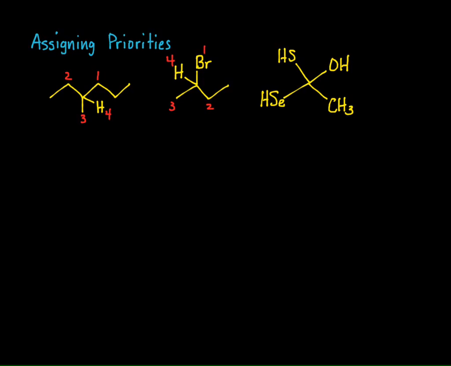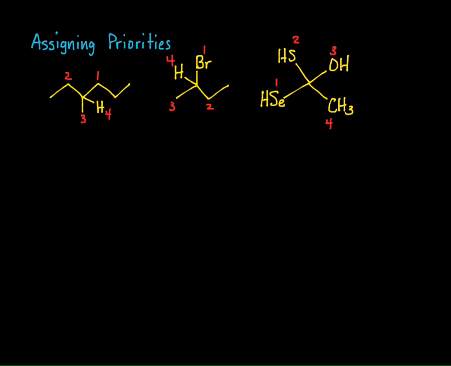And again, trying to figure out the priority, we're going to base it on atomic number. So Se takes number 1, the sulfur is number 2, the oxygen's number 3, and lastly is the methyl group number 4. So I point this one out to show you that not always is a hydrogen going to be the lowest priority group. You may have a situation where you have an R group being the lowest priority group, and you have to keep that in mind.